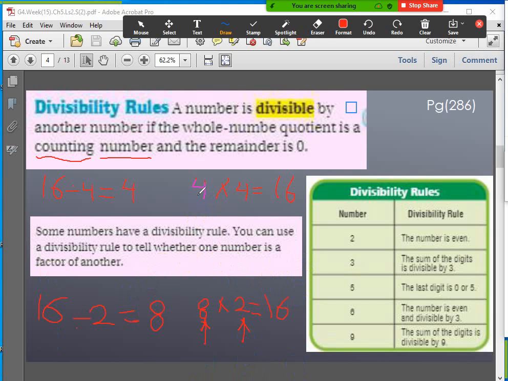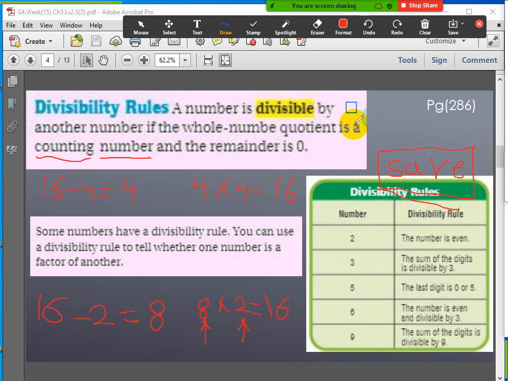Okay? So we name those factors of 16. So there are divisibility rules. I have to save those rules to know if this number is divisible by this divisor or not. Please type here or write "save" next to this table.